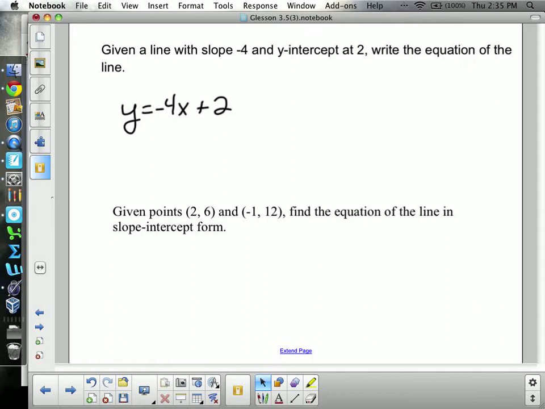It can be given to us. We can use the slope formula. We can get it off a graph. We could use a parallel line, or we could use a perpendicular line. So the real trick here is finding the slope. If I can find the slope of the line and I'm almost always given a point, then it's a pretty easy problem.